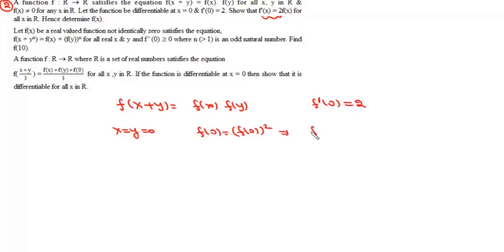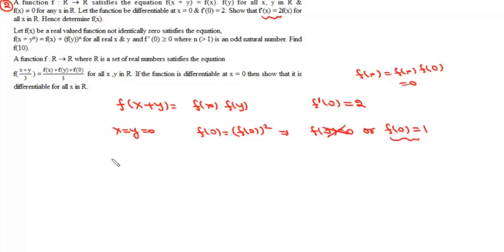So from here we get two conditions, that either f 0 is 0 or f 0 is 1. But in this equation, if we put y as 0, we get f x equals f x into f 0, and if f 0 is 0, then this function f x will be a constant function, and then f dash 0 cannot be 2. So we'll discard the possibility that f 0 is 0. So from here we can say the value of f 0 is 1.